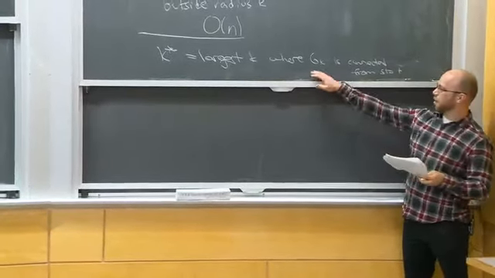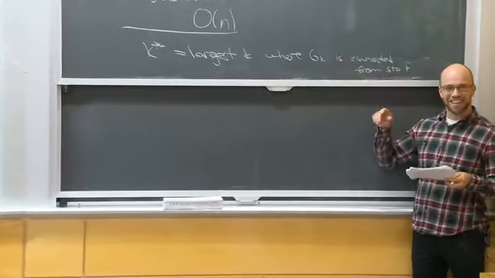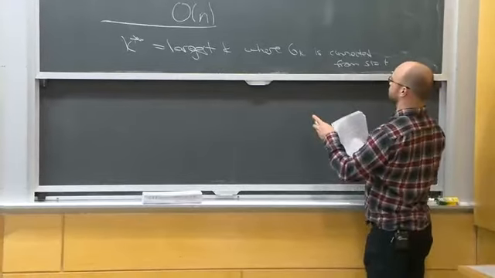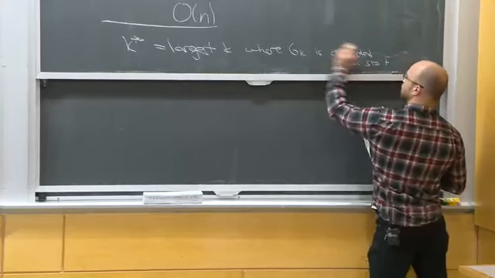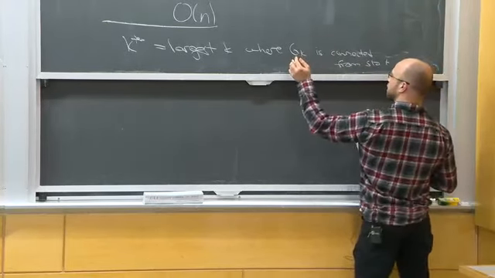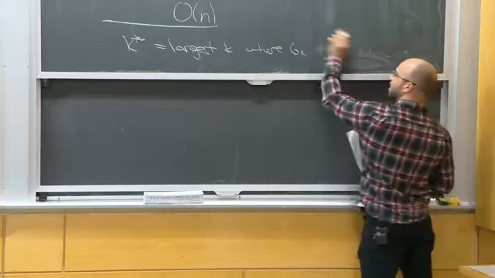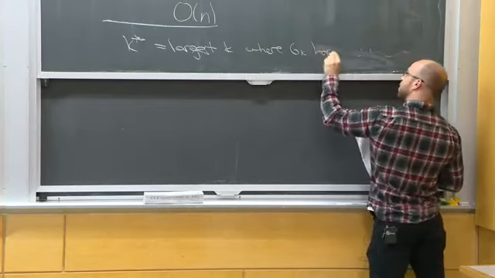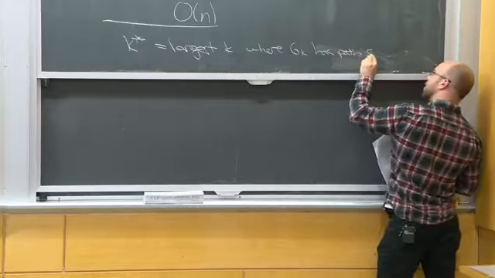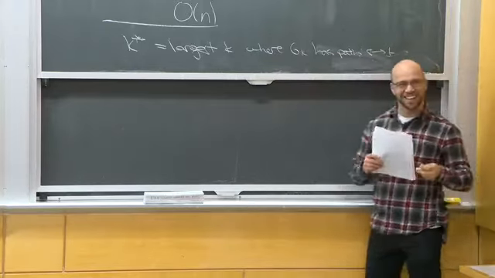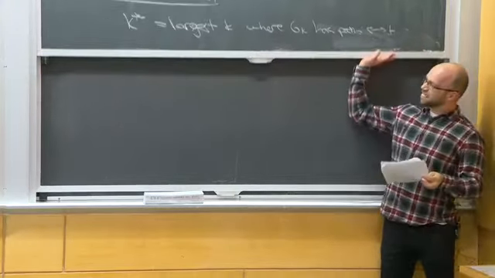Really, I should say where there exists a path from S to T in GK. I've just phrased this in a funny way. Where GK has a path from S to T. There we go.